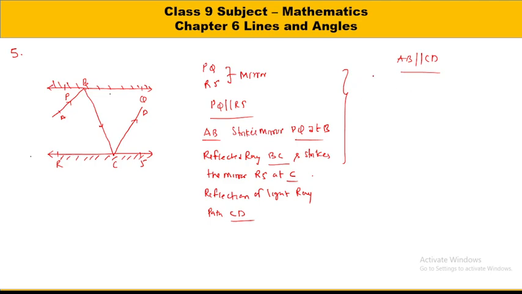Now we need to have the construction for solving this question. So first of all, draw a ray BL that is perpendicular to PQ. So BL is drawn perpendicular to PQ, and draw a ray CM perpendicular to RS.